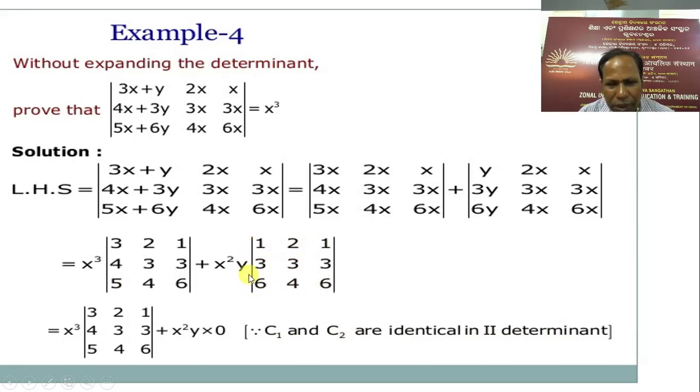Oh sorry, C1 is 1, 3, 6 and C3 is 1, 3, 6. That means C1 and C3 are identical. So the determinant vanishes. The first column and the third column are equal, so the determinant vanishes. So this becomes x square y into 0, that becomes 0. So we are left with x cube into this determinant.